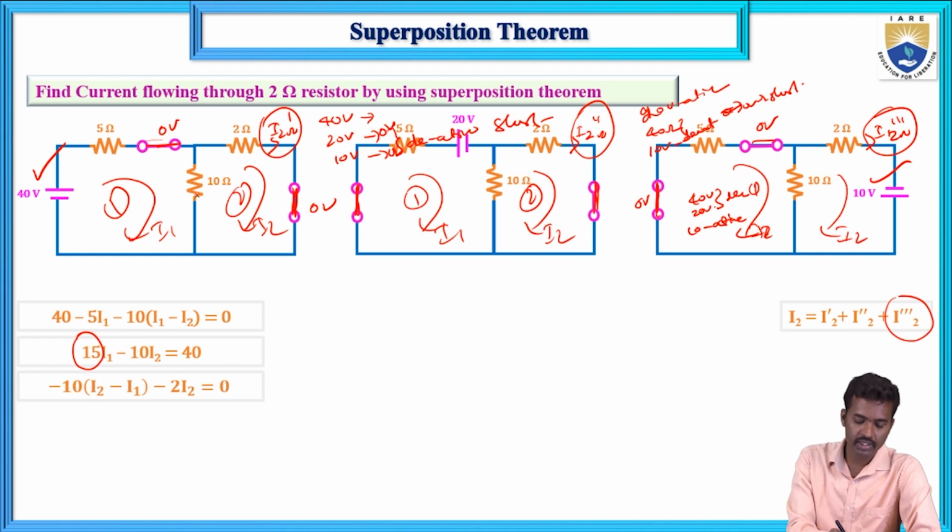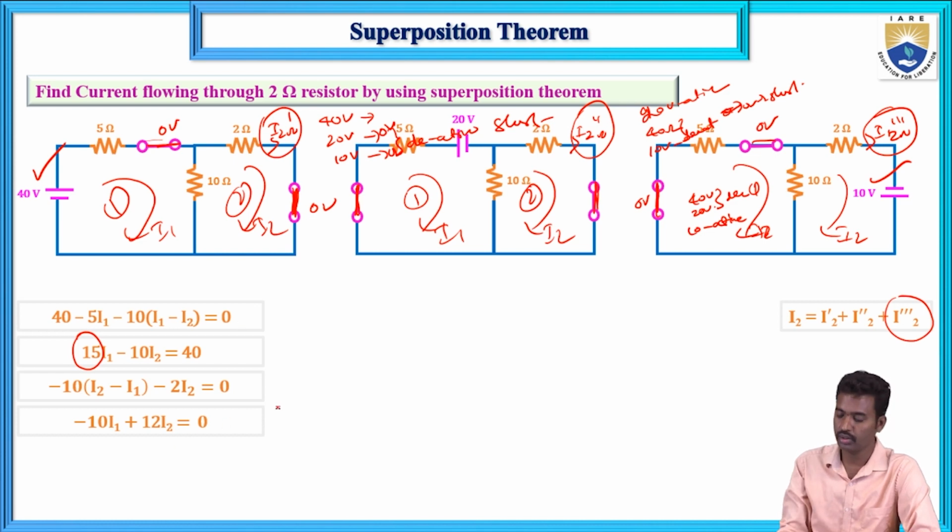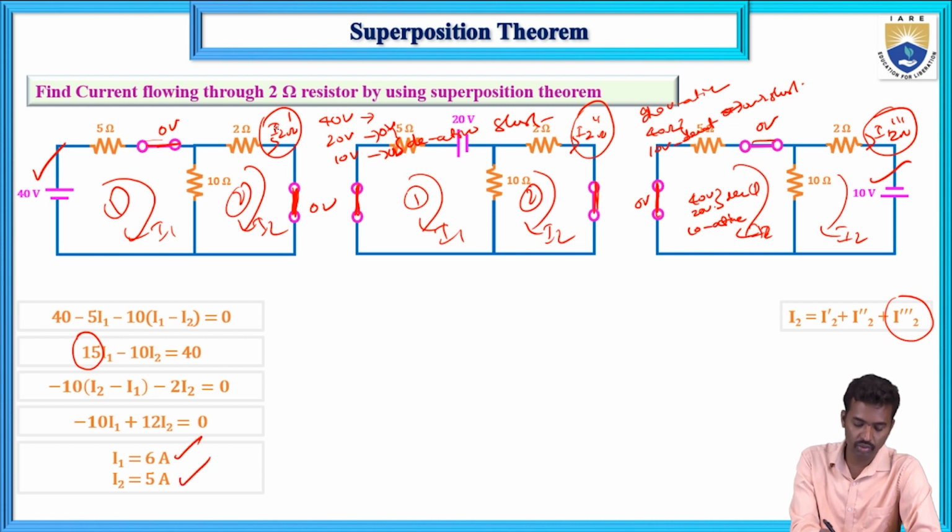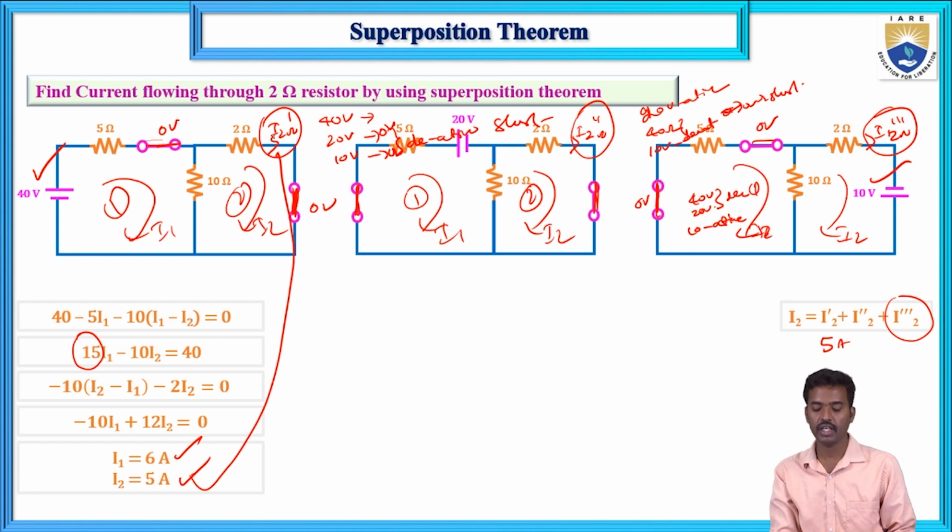Now minus 10 (I2 minus I1) minus 2 I2 equals 0, so the simplified equation is minus 10 I1 plus 12 I2 equals 0. Now solve these two equations: I1 equals 6 and I2 equals 5. So I2 dash equals 5 amperes. This I2 current and I2 dash current are the same.